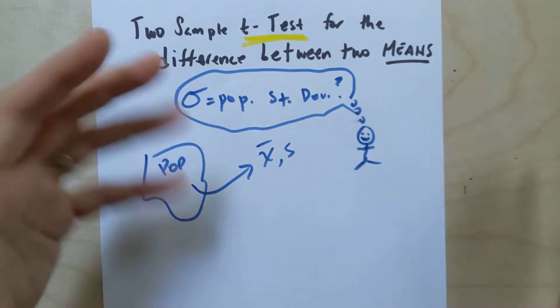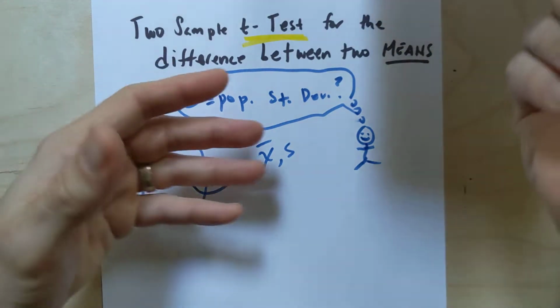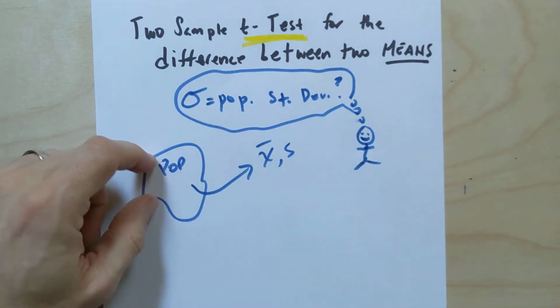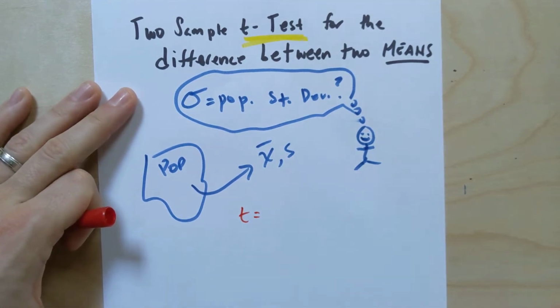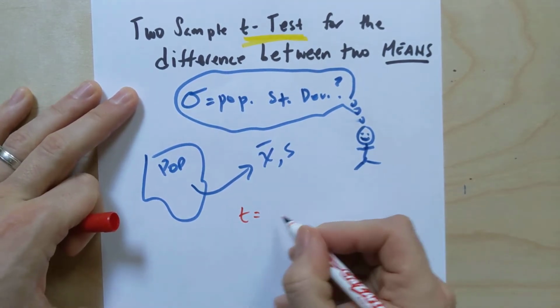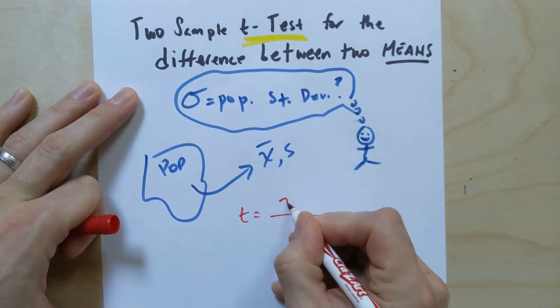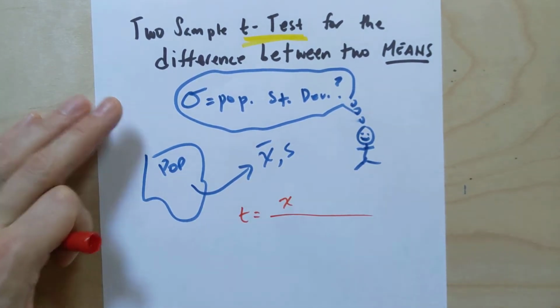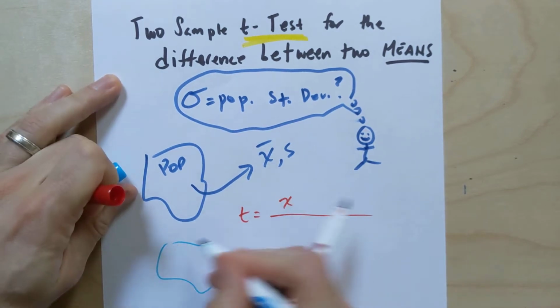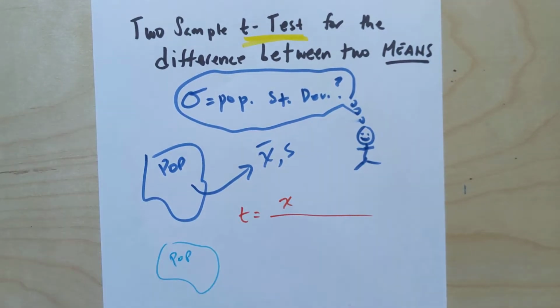A lot of the math we've been doing with all these tests is essentially the same. The key here for the t-test is what will be, first, our test statistic. So, of course, our test statistic will be a t, and what will be our formula? Well, we're going to take a sample from some population, right? So in this case, to do a two-sample t-test, there'll be two populations. Here's a population, here's another population.